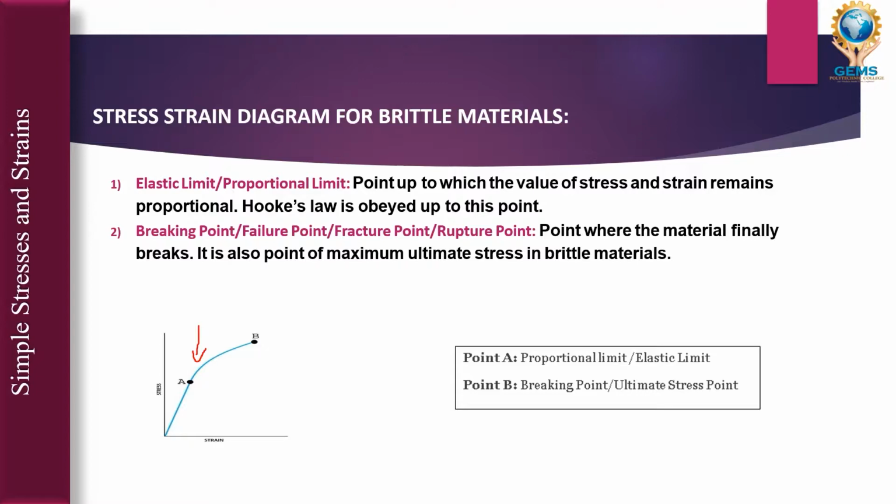That's why this point is known as breaking point, failure point, fracture point or rupture point. So this is our stress strain diagram for brittle material. So we have seen 2 diagrams. First one, the stress strain diagram for ductile material, and the second one, the stress strain diagram for brittle material.